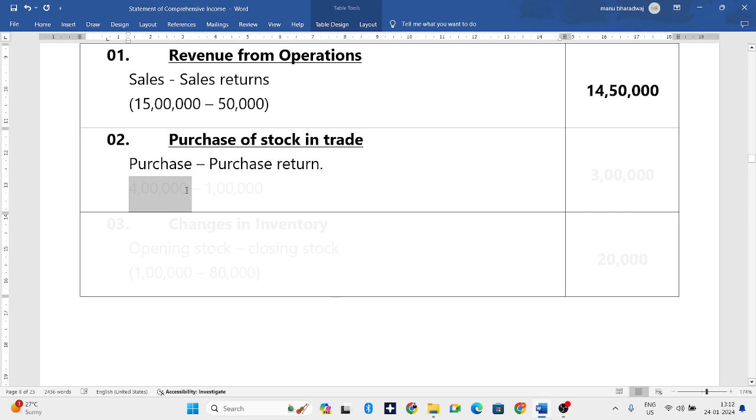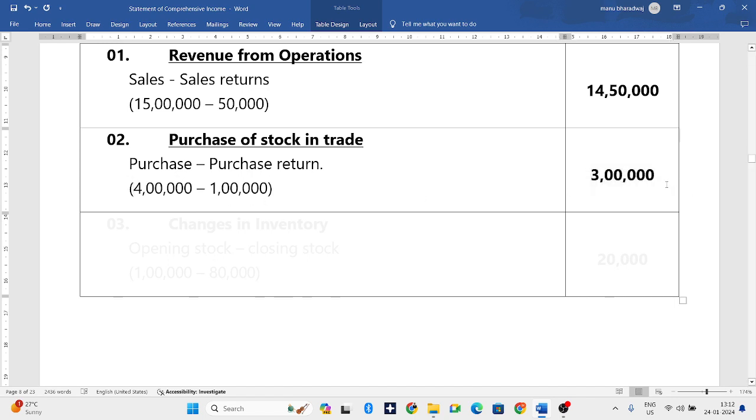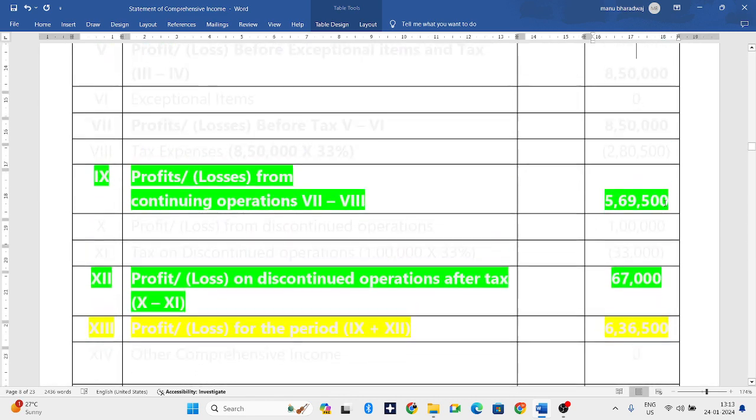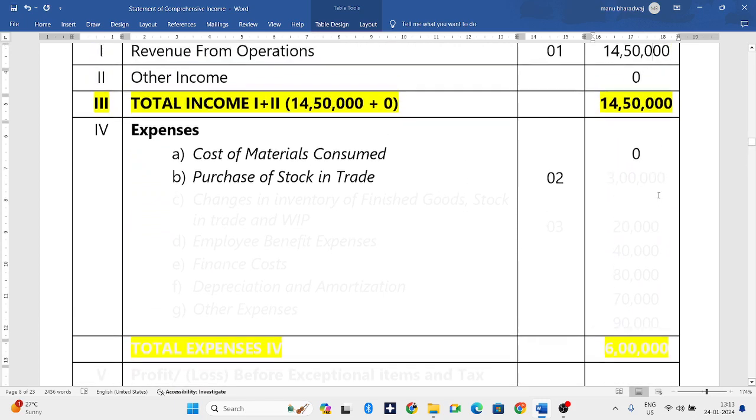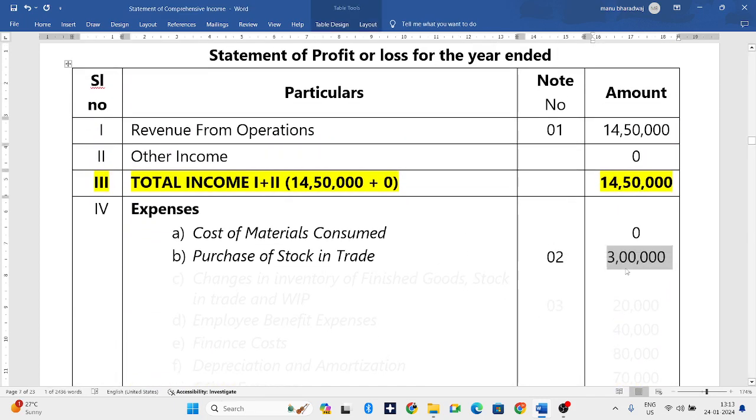Purchases is 4 lakh, minus purchase return of 1 lakh, will give you 3 lakh rupees. We take these 3 lakh rupees and write them in the SOPL format.